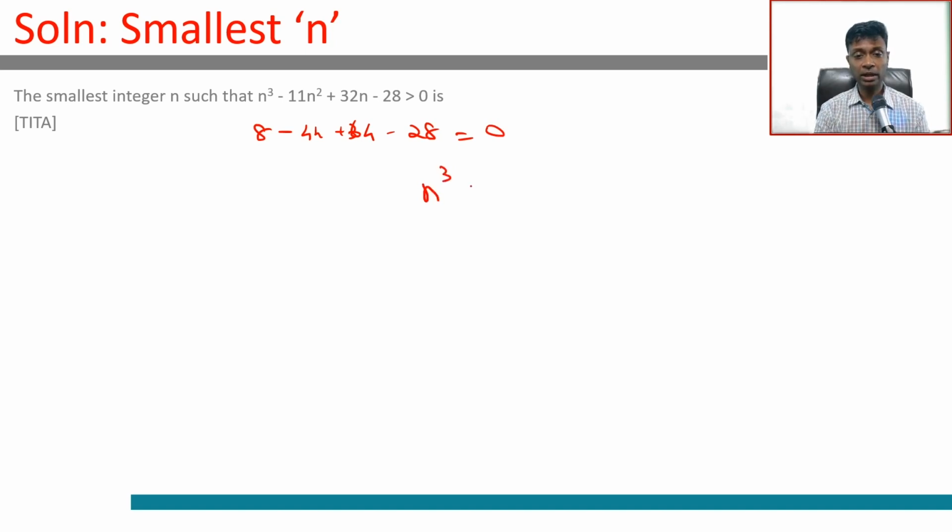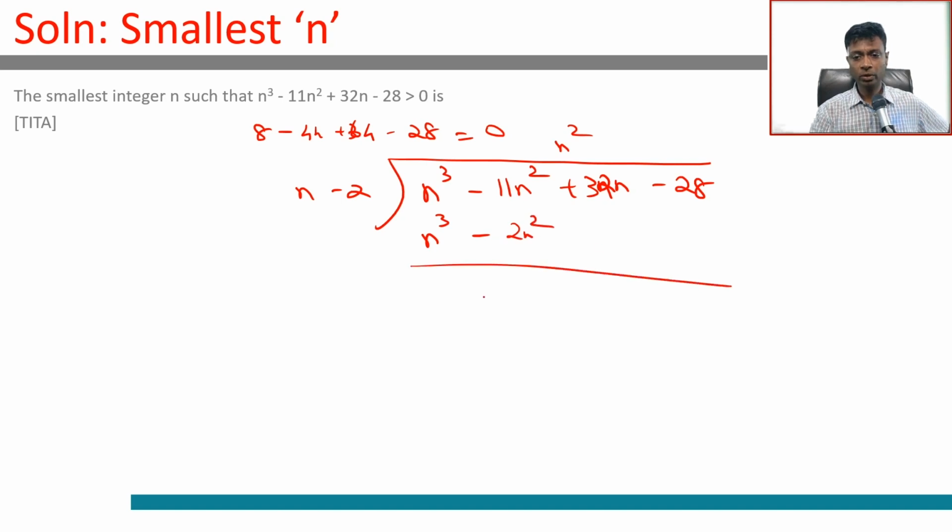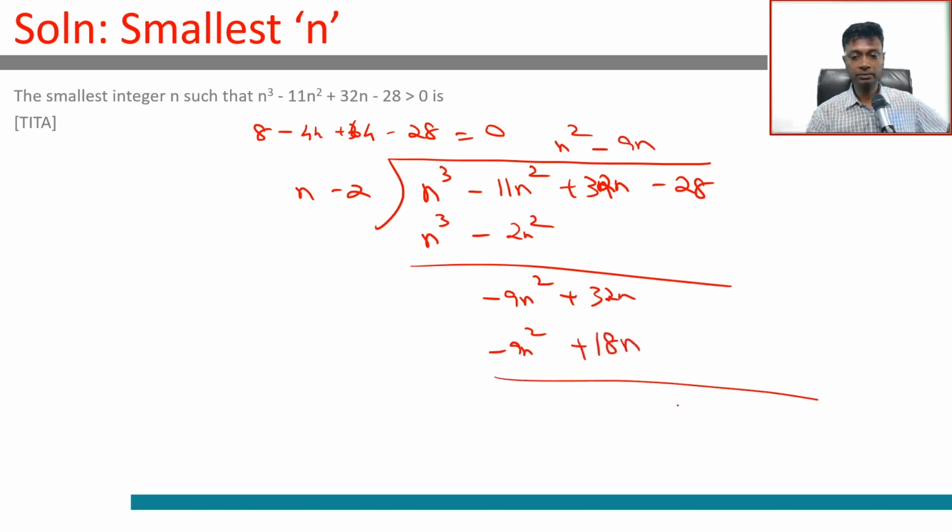So this number, n cube minus 11n square plus 32n minus 28, is a multiple of n minus 2. We can factorize this. n square goes here, n cube minus 2n square. So minus 9n square plus 32n, minus 9n, minus 9n square plus 18n.